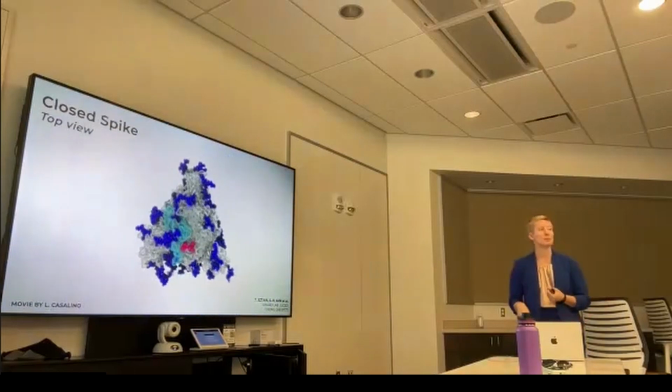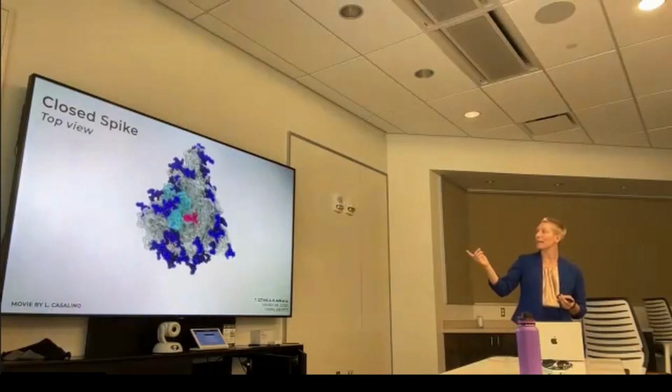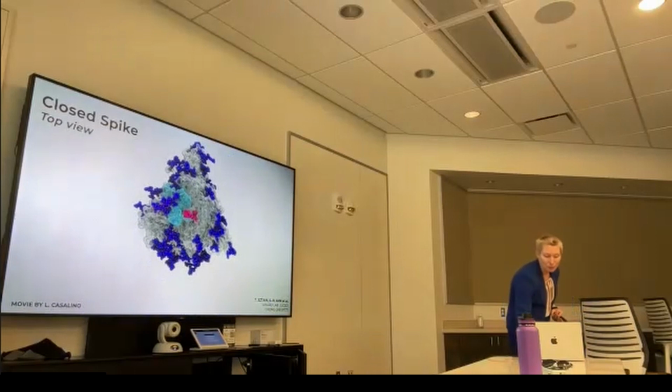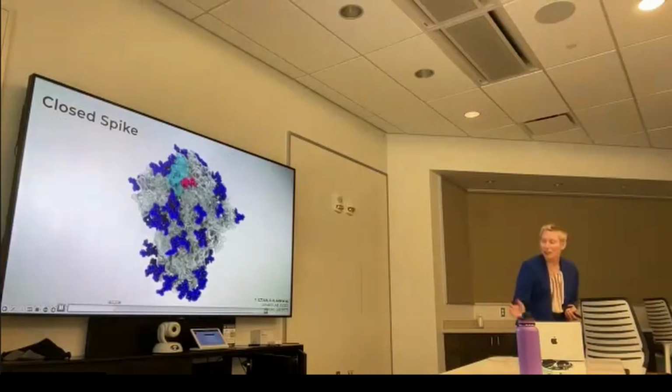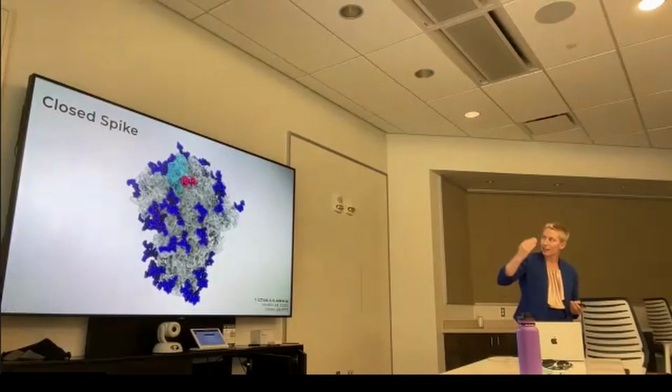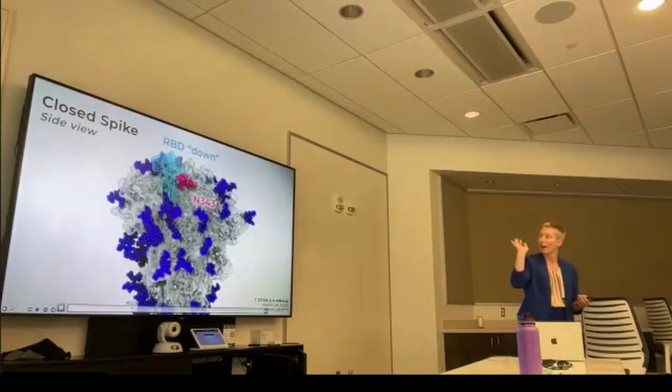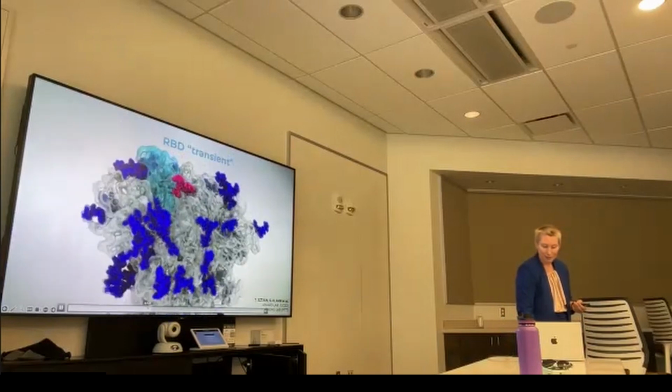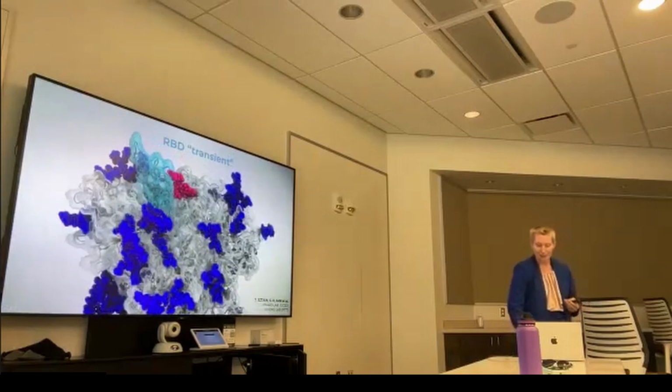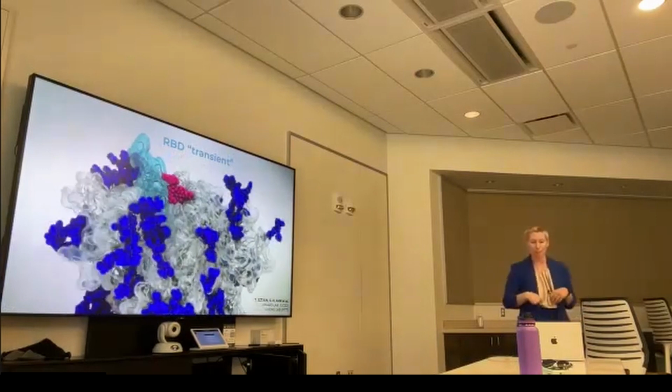So we know they have this immune system role and the structural role, but this pink glycan, N343, is actually going underneath the receptor binding domain and pushing up the receptor binding domain in a way that you might be able to see if the video was playing more.